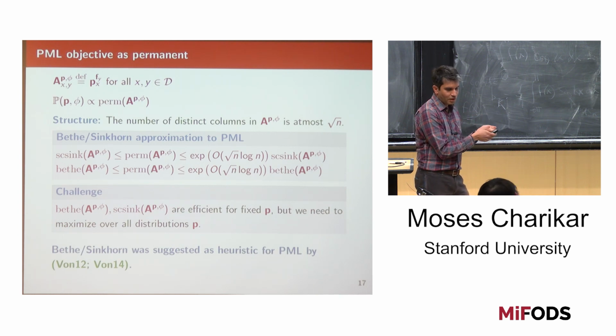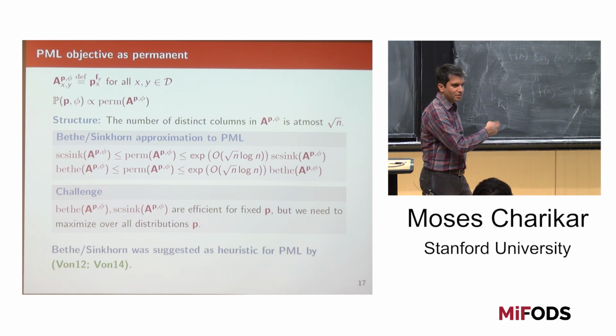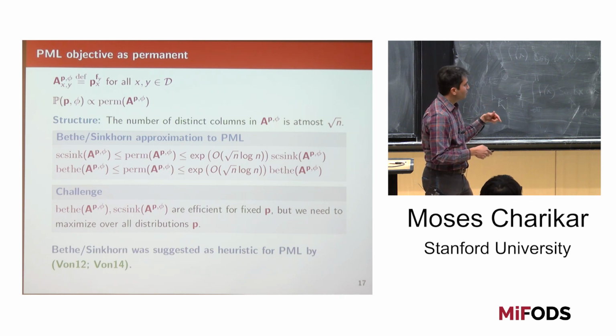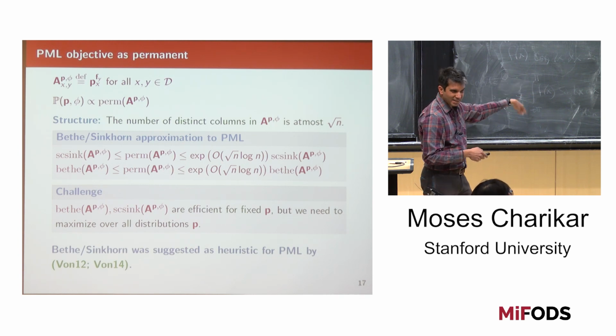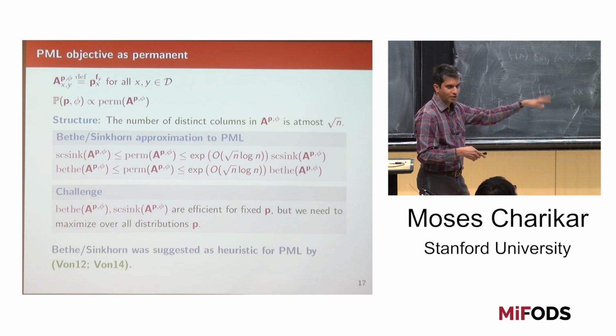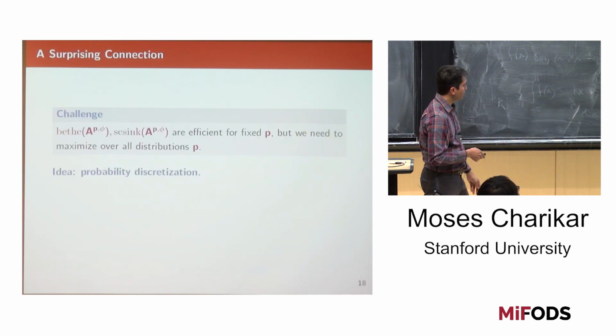They're sort of these alternating minimization methods, where you fix one quantity, optimize the other, fix that quantity, optimize the first, and so on. As I said, all this stuff works for a fixed p, and this is good for our proofs here. But we need to maximize over all distributions p, and that requires some other ideas, which I'm not going to get into. Okay.